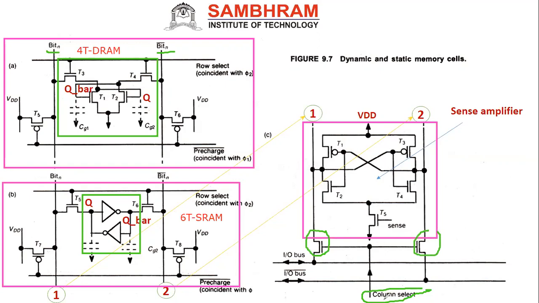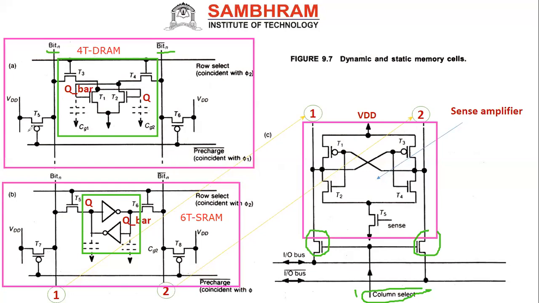Those two are connected to the column decoder. The column decoder at a time will activate only one value. So if it is 1, this transistor will be on. If this is on, what will happen? The input output bus will be connected to bit, then input output bus bar connected to bit bar. That is what this column select does.